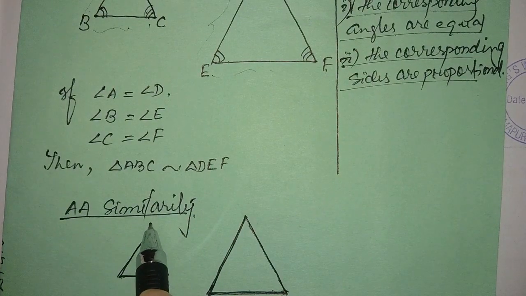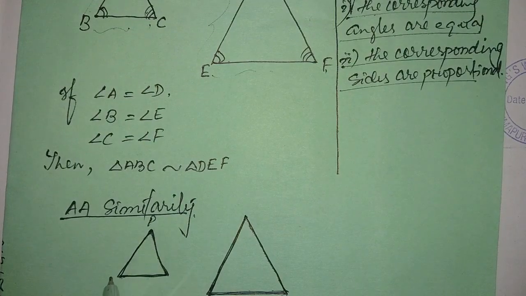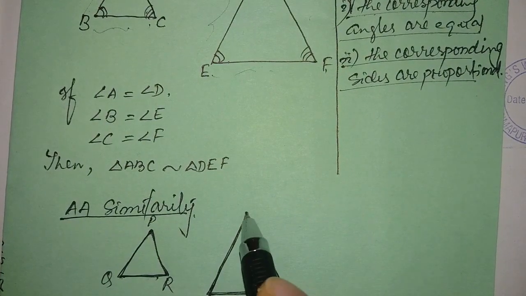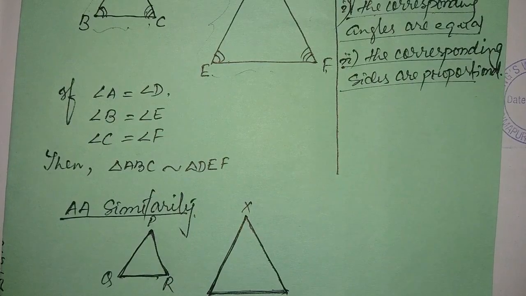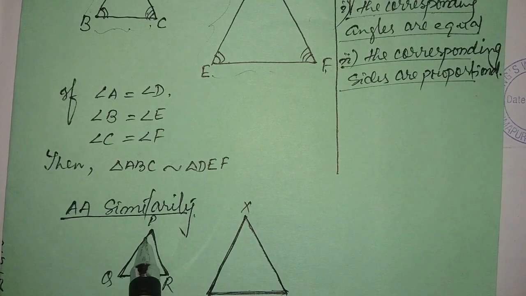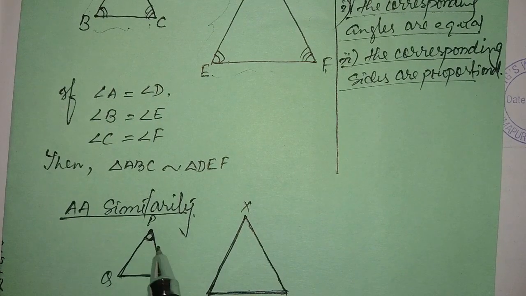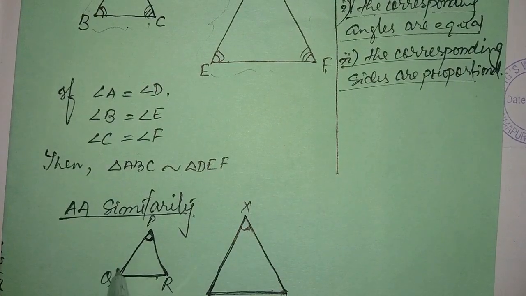Now let's suppose this is PQR and this is XYZ. Let's say this angle and this angle are equal, and this angle and this angle are equal.